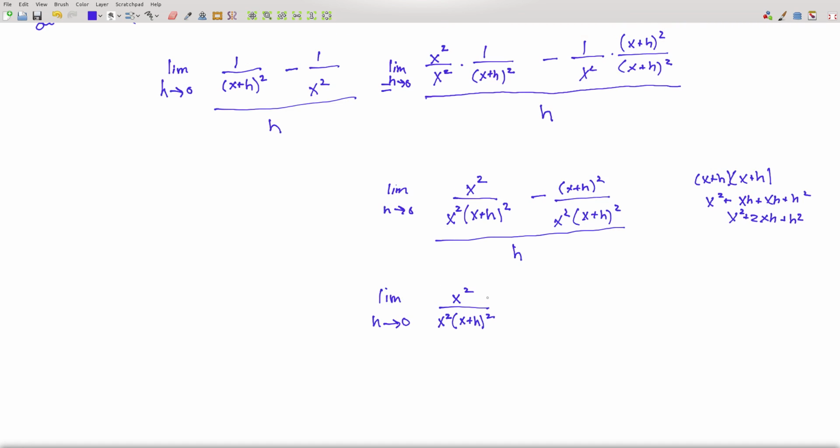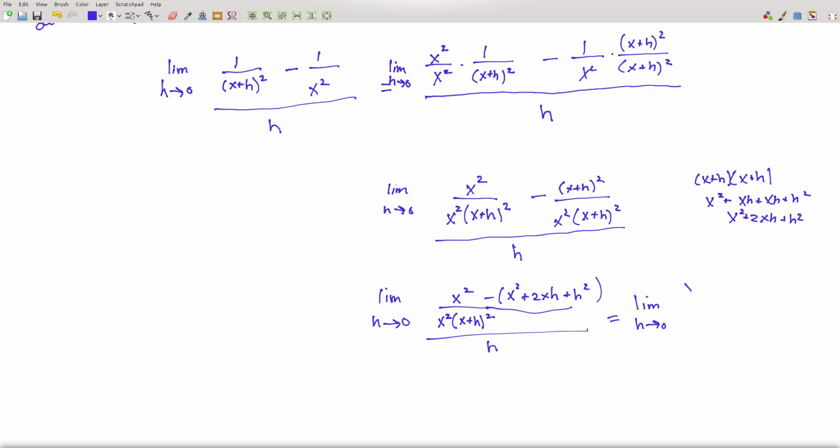So this is going to be minus this quantity x squared plus 2xh plus h squared. See how I had to put the whole thing in parentheses because I'm subtracting a quantity like this? And all of this is over h. This is now the limit as h goes to 0. Can we clean up that? I'm going to distribute that negative in the numerator.